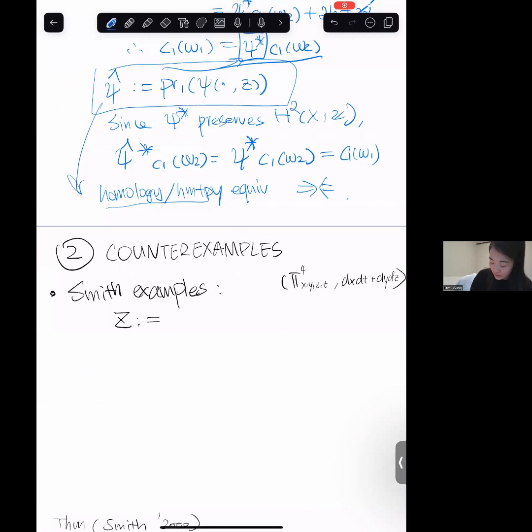The one by Smith is a certain fiber sum construction. You consider the 4 torus with this symplectic form, and you do a fiber sum with 5 copies of E1s.